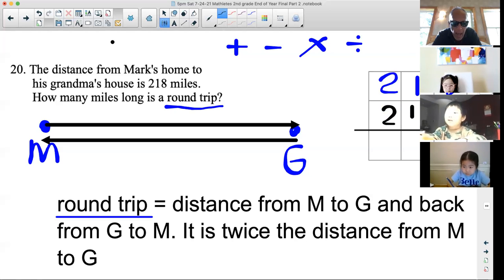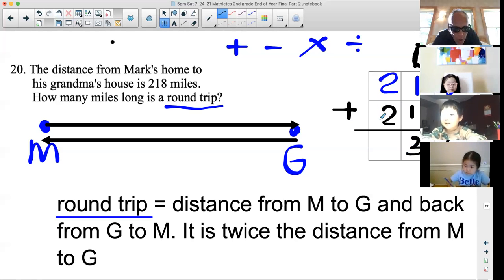And if we add 218 to itself, 8 plus 8 is? 16. 1 plus 1 plus 1 is? 3.